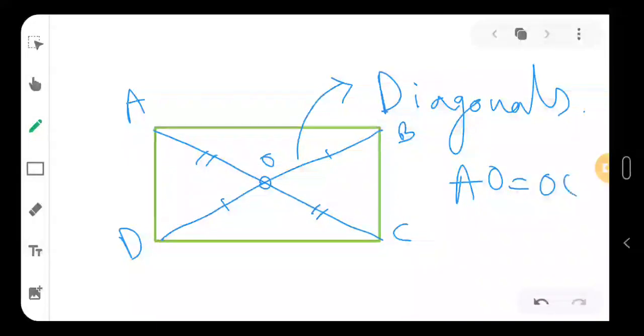If we talk about angles, we know that all of the angles are 90 degree. That means angle A, angle B, angle C and angle D, these angles are 90 degree.